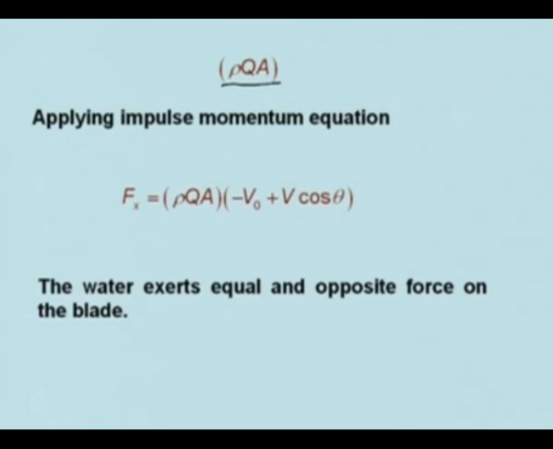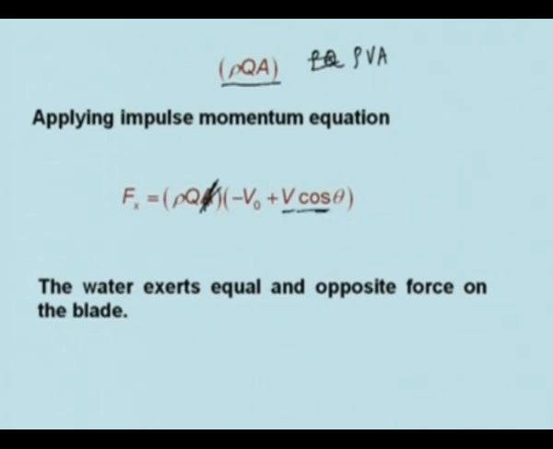Q is the discharge, A is the area, and rho is the density. So rho Q is the total, or we can say it is rho times V A. Then applying the momentum equation, we have rho Q times the change in momentum, which is minus V0 plus V cos theta.